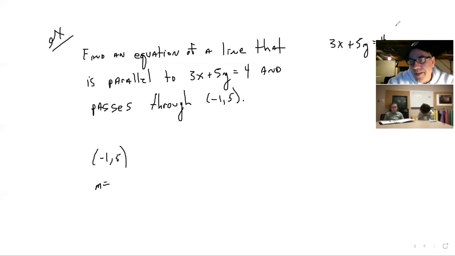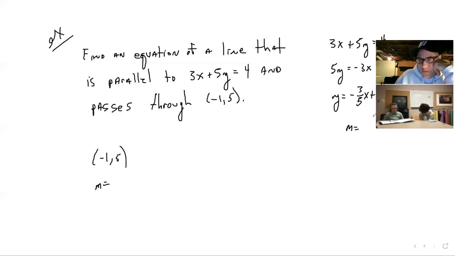The quickest way is to solve for y, putting it in y equals mx plus b form. So I have 5y equals -3x plus 4. Then divide every term by 5, and y equals -3/5 x plus 4/5. So the slope of this line is -3/5.